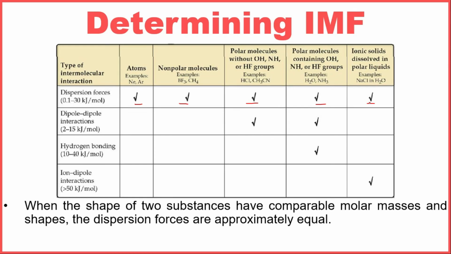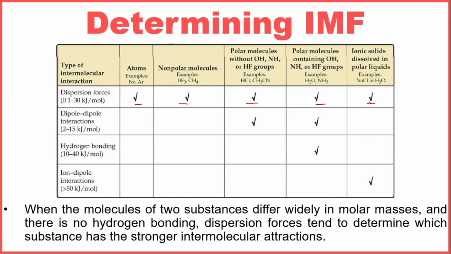Now, when two substances have comparable molar masses and shapes, the dispersion forces are approximately equal. Lastly, when the molecules of two substances differ widely in molar masses and there's no hydrogen bonding, dispersion forces tend to determine which substance has the stronger intermolecular attractions.